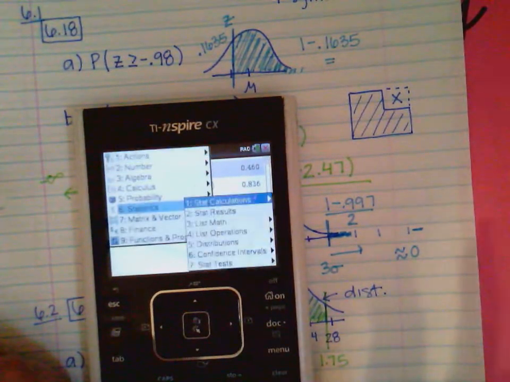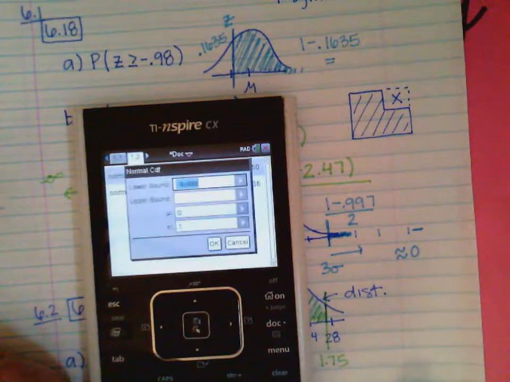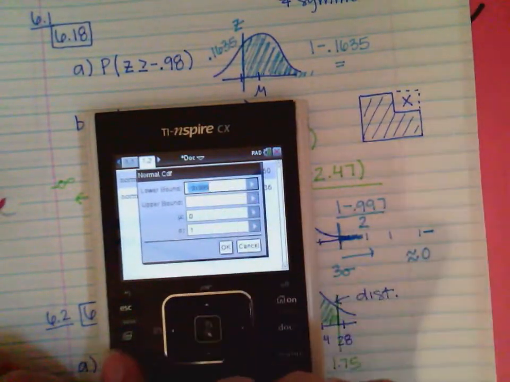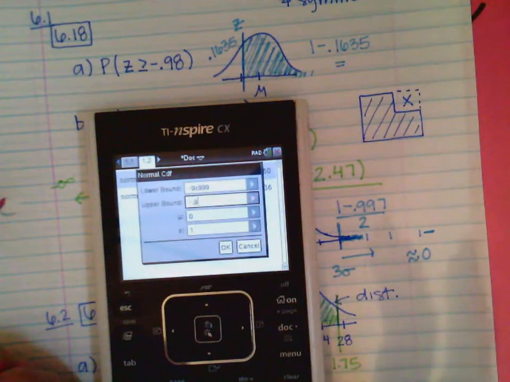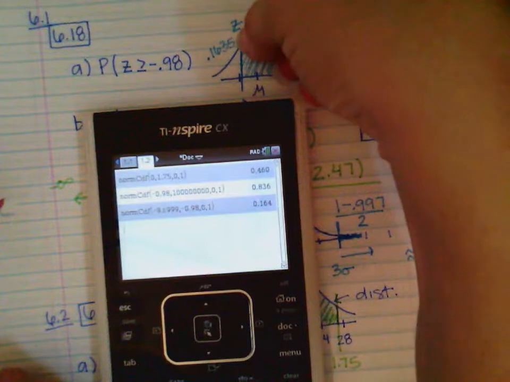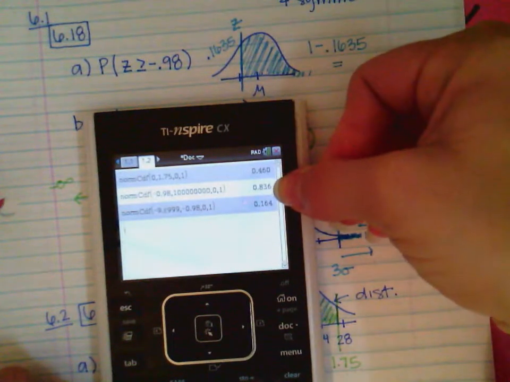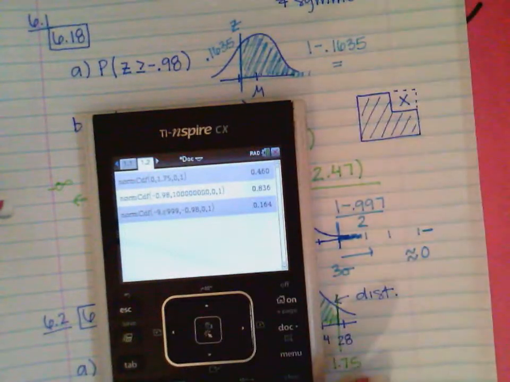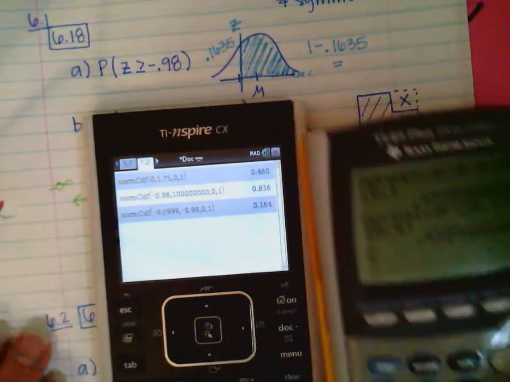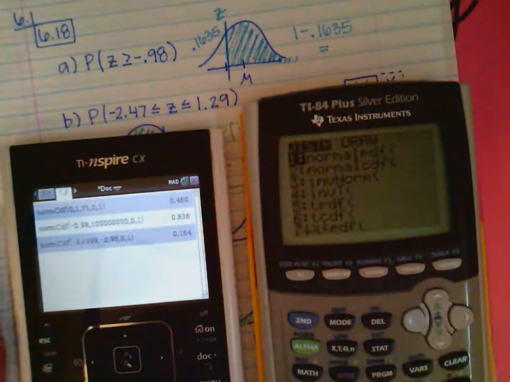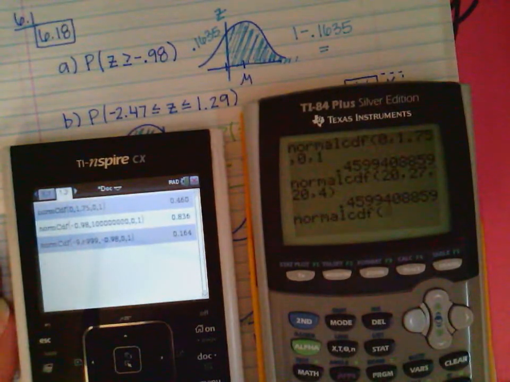Similarly, if you had to do a less than, then you just leave that lower bound, okay, and then plug in the z-score, and you can see it finds that left side for you, okay? And that same thing here with the 84, okay? That's not just an Inspire thing, okay?